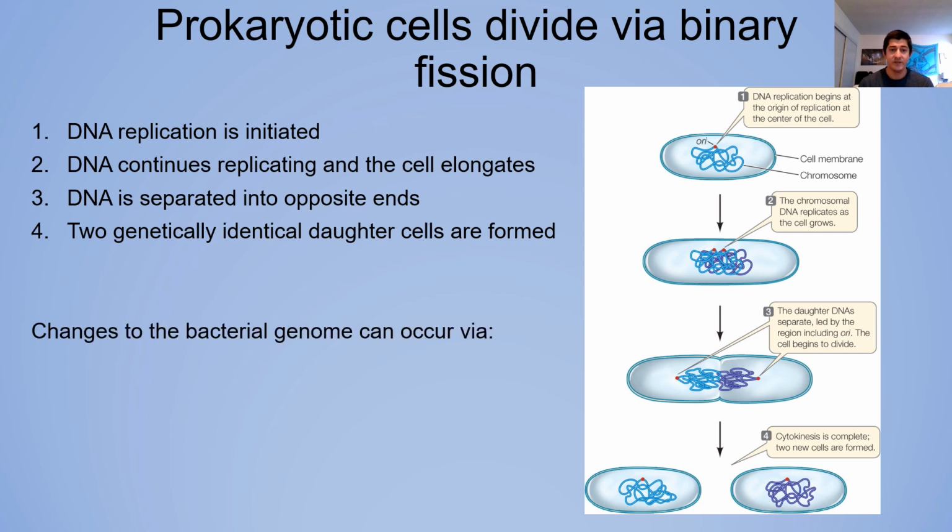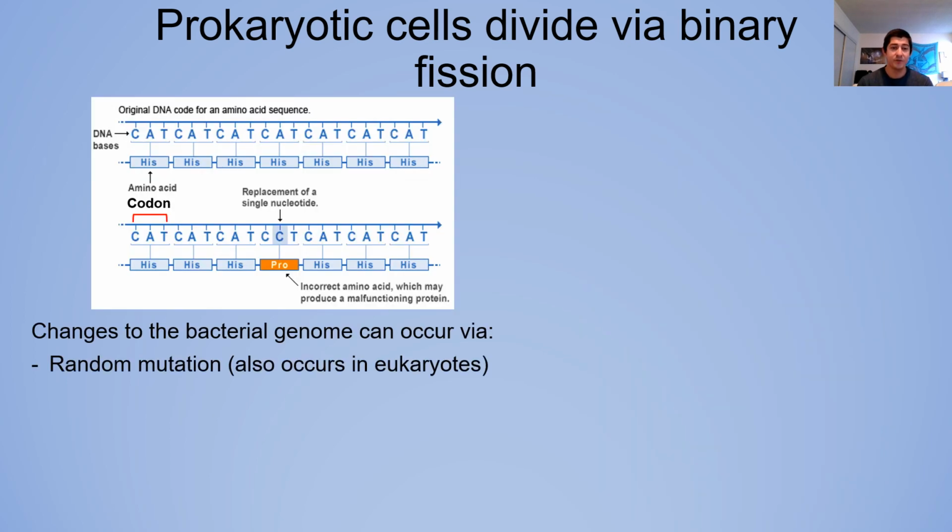One of those ways is through random mutation. And this can also occur in eukaryotes, so just keep that in mind moving forward. Random mutation occurs when your cell is copying the DNA and it makes a mistake. So most of the time, cells do this with really, really high accuracy, but they do make a mistake.